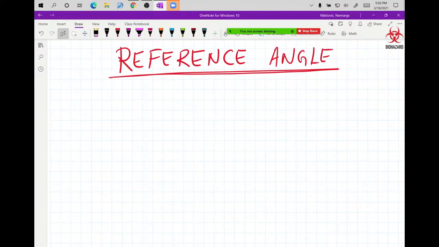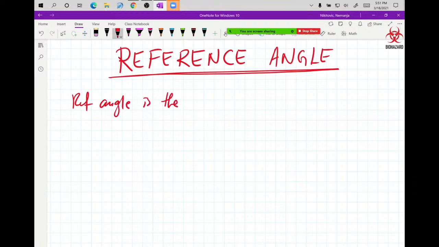So what is the reference angle? The reference angle is the angle between the terminal ray of your angle and the closest x-axis, whether it's the positive or negative side of the x-axis.